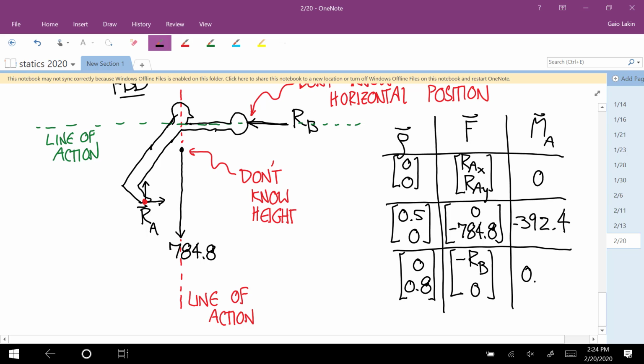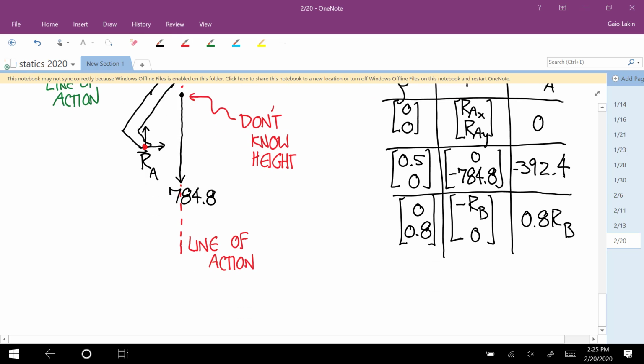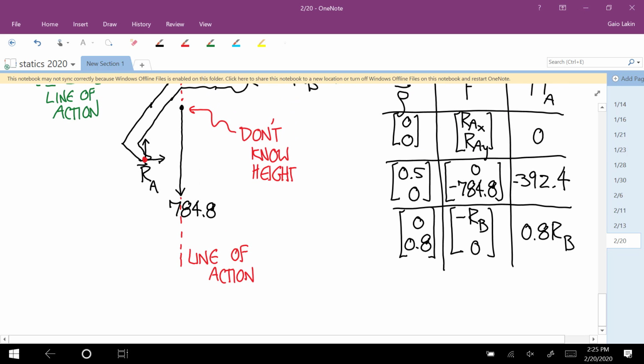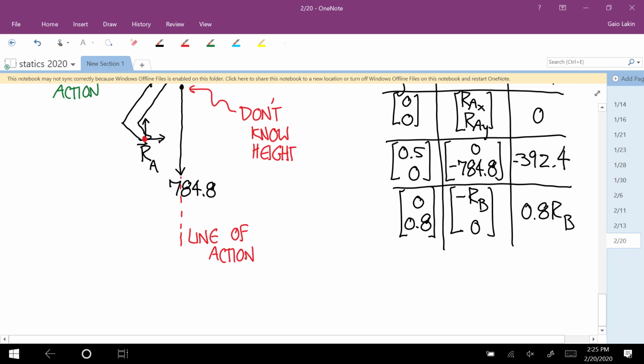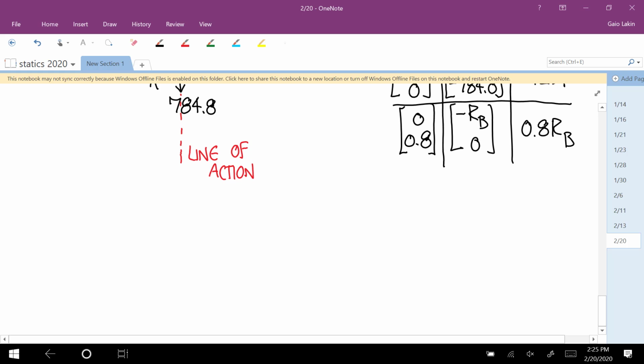So you get 0.8 RB. You can go through the calculations, and you get that RA is equal to 490.5, 784.8, and RB is 490.5.